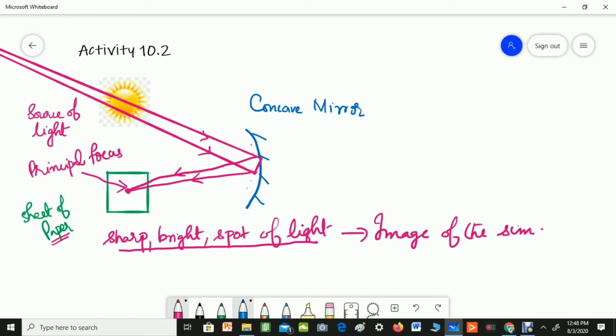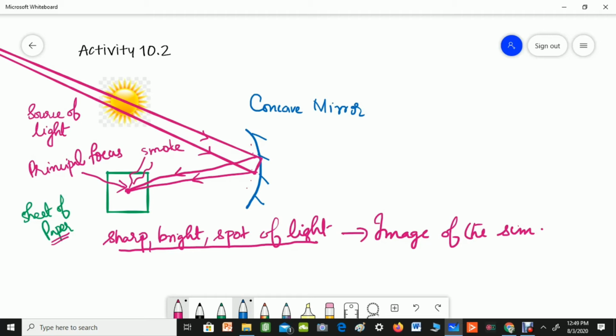Now, you need to hold the mirror and the paper in the same position for a few minutes. After some time, the paper begins to burn, producing smoke. Eventually, it may even catch fire.